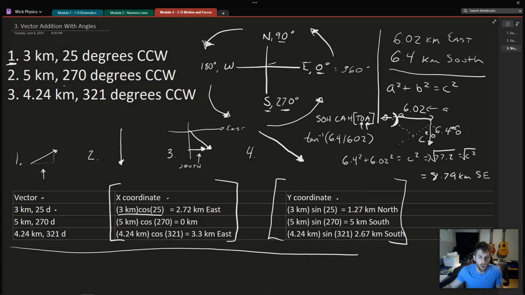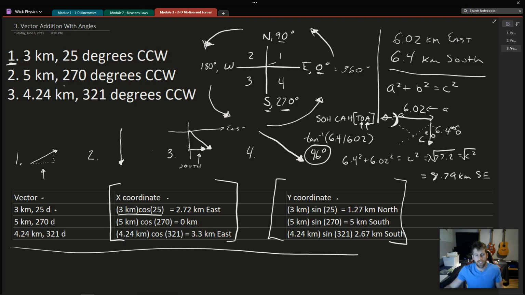which is now another scenario that we need to write out. So because it is south of east, and it is in that fourth quadrant, the fourth quadrant is right here. So if we have 1, 2, 3, 4, it is in that fourth quadrant.